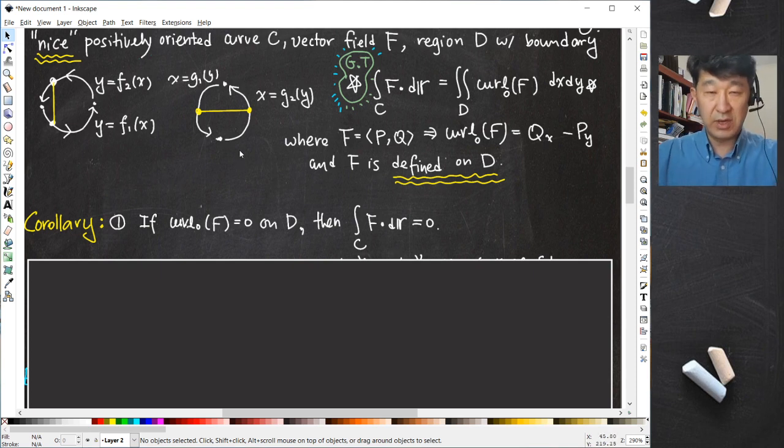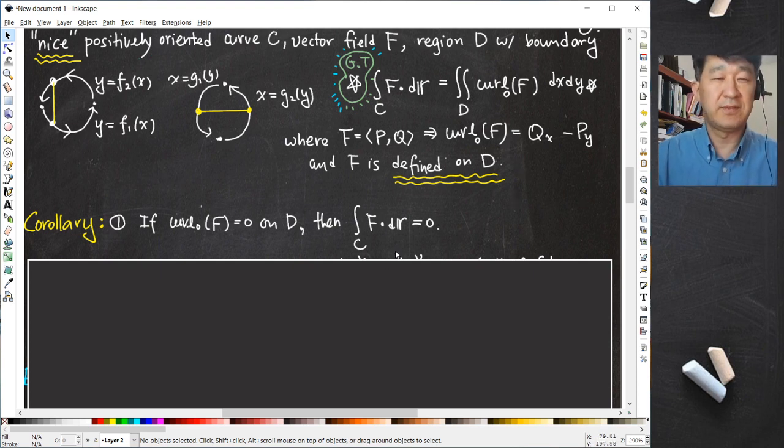So whoever is brilliant enough, 1,000 years later, to extend your vector field that only makes sense around this boundary into the interior, then this will happen. Therefore, it's going to be 0. But even if you cannot extend this, you can still calculate the line integral and see whether it's 0. This is a sure sign that it can be extended into the interior region, and the curl is still 0.